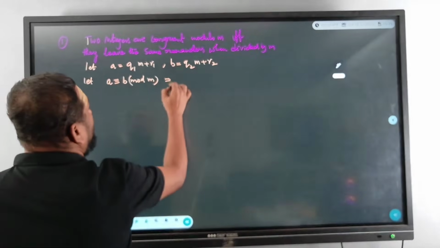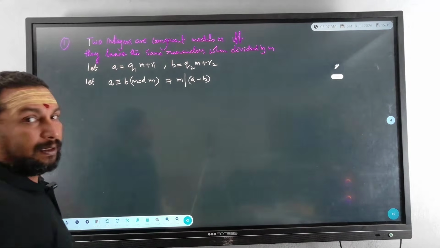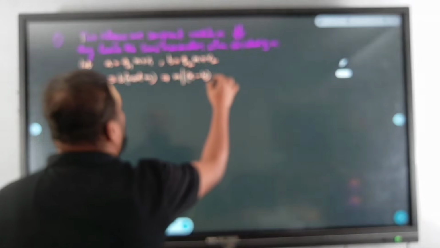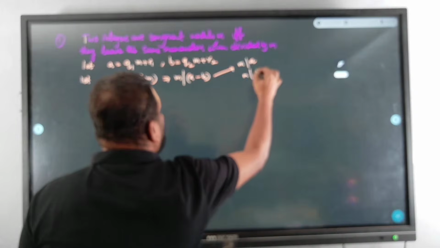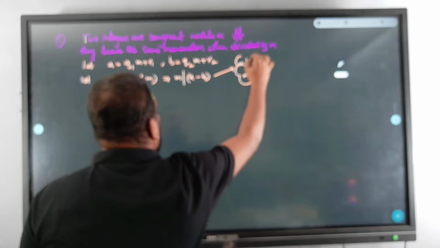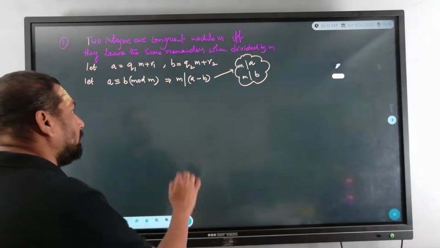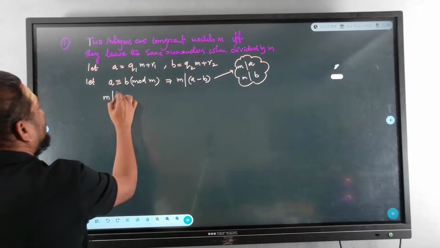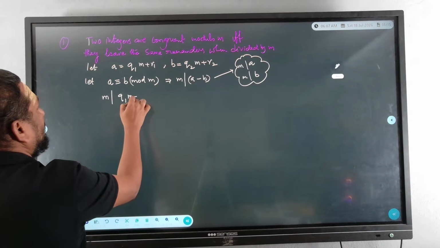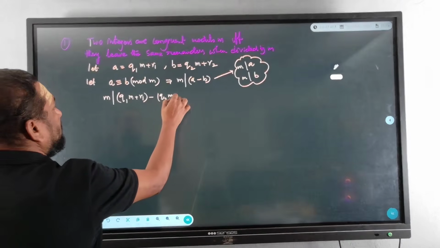What does this mean? M divides A minus B. In other words, m divides A and m divides B, then only m divides A minus B. Now see here, m divides A minus B, that is Q1m plus R1 minus Q2m plus R2.